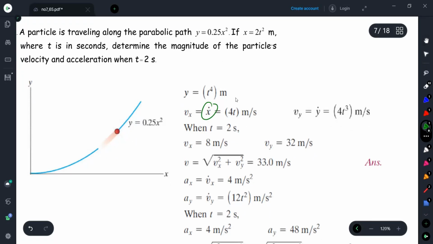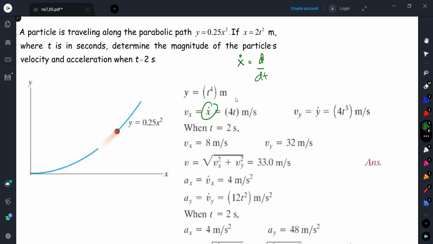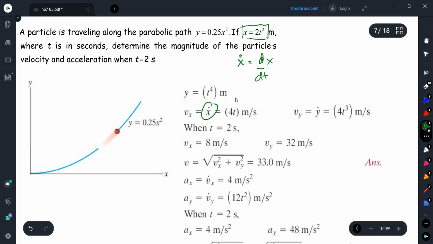The symbol is x dot, where the dot means d by dt, the first derivative with respect to time. So x dot means dx by dt. We know that x is equal to 2t squared, so dx by dt becomes 4t.